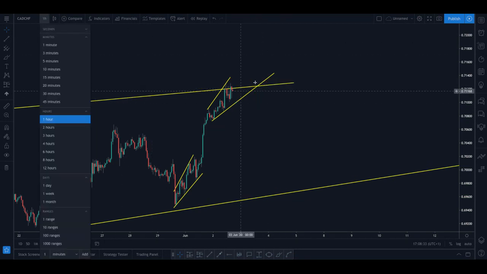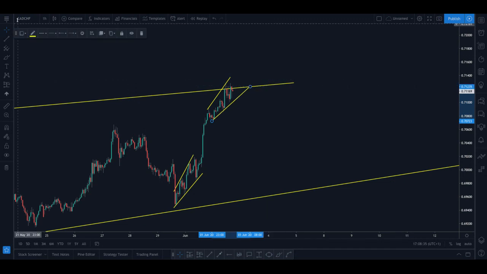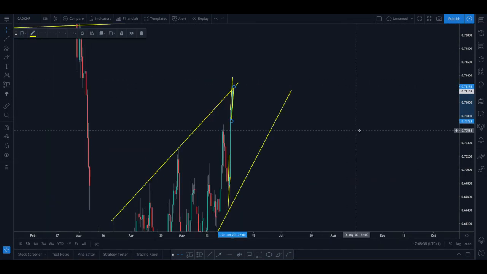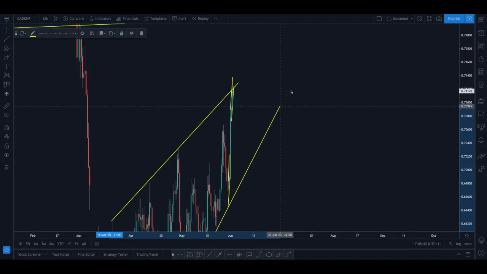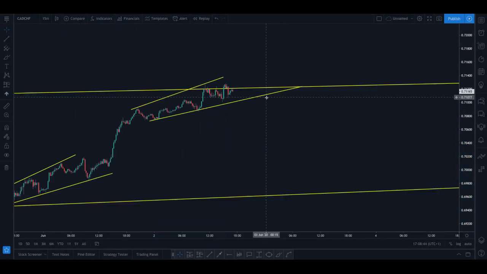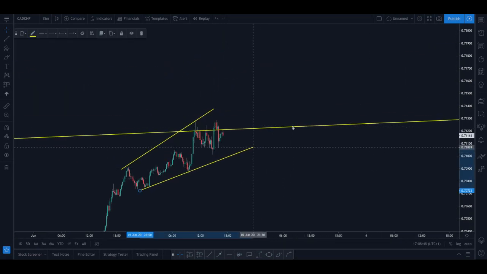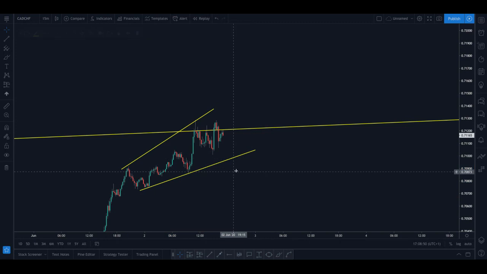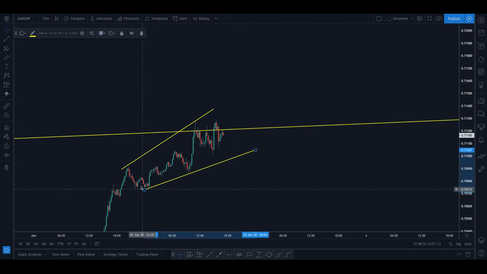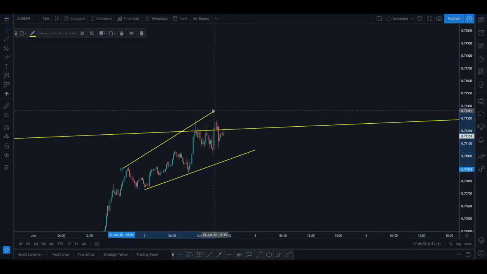Now we'll head down to the 15-minute time frame, and before we do that, first I want to head to the 12-hour just to make this a bit smaller. And now we're ready for the 15-minute time frame. Got this nice supportive level holding.